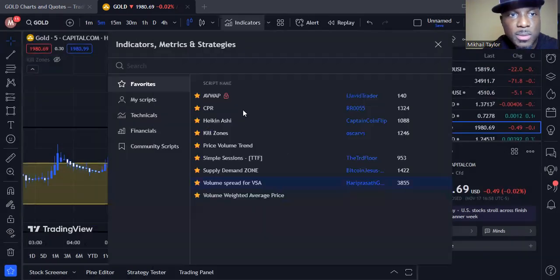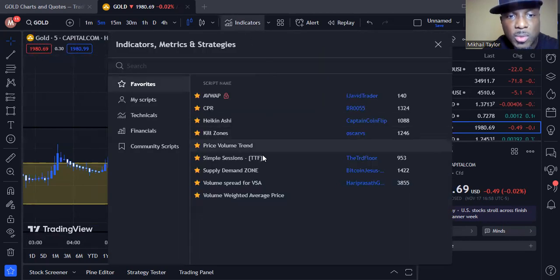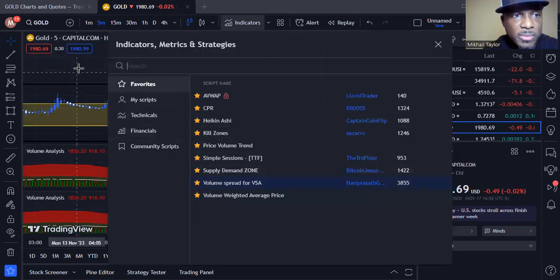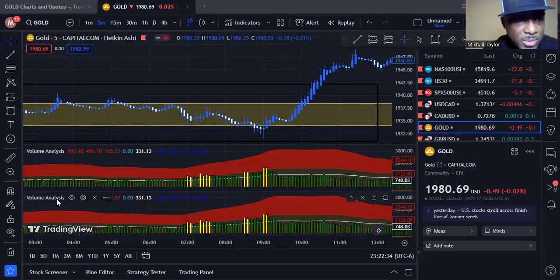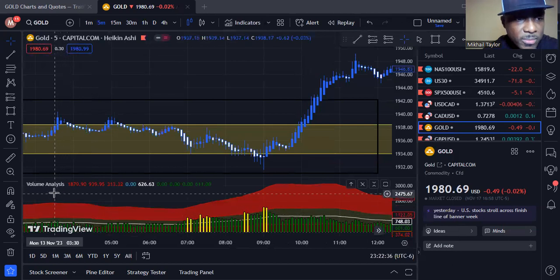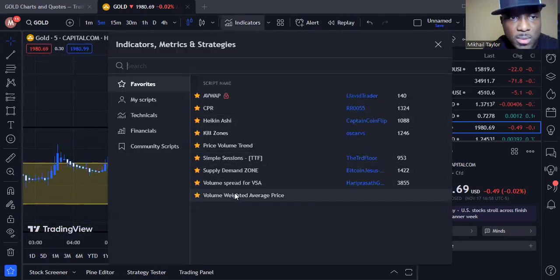Okay, 2 indicators is a limit. I'll work it. So I'll just take this off for now, just to see what I could do with the VWAP. I just want to see what the VWAP is doing. Oh, that's why it was acting stupid. Sorry. Get you off. I want the VWAP.